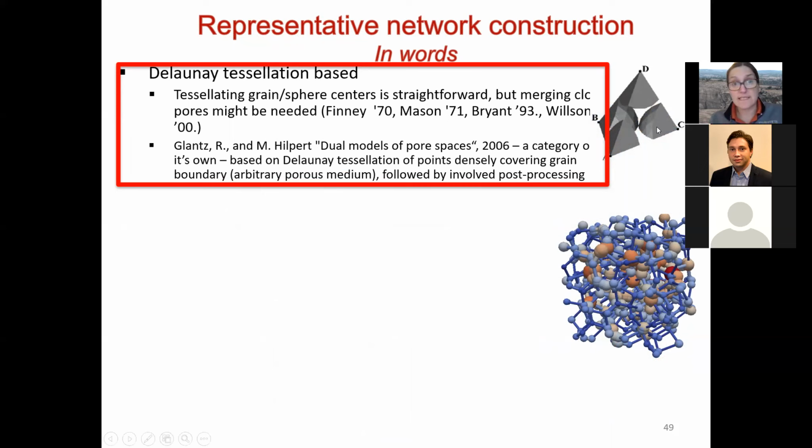This is a slide that just provides the literature search of this started. So Finney packing is a subset of the packing that we've been using actually for analysis. In general, it's available on the DigitalRocks portal. Finney in 1970, at the time, there were no computer codes that actually pack spheres.